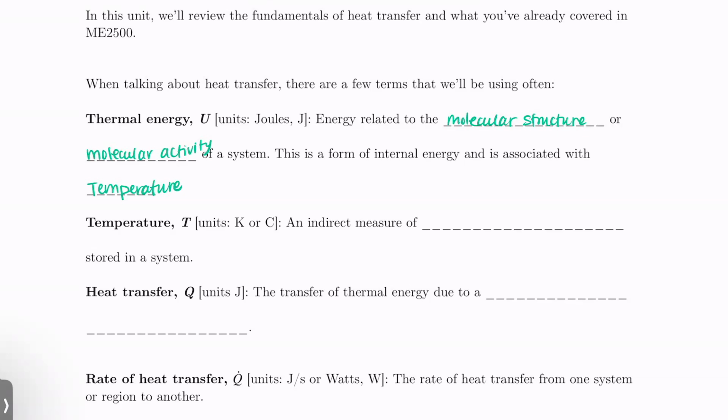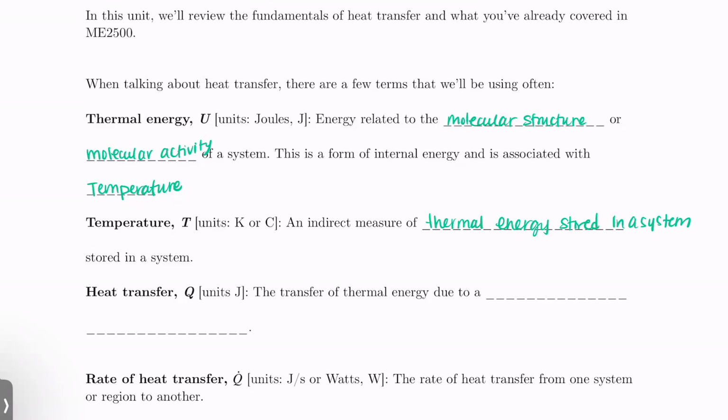Temperature, of course, is called T. It has units of Kelvin or Celsius or Fahrenheit, and this is an indirect measure of thermal energy stored in a system. Now, instead of being flow rate, Q is going to be heat transfer.